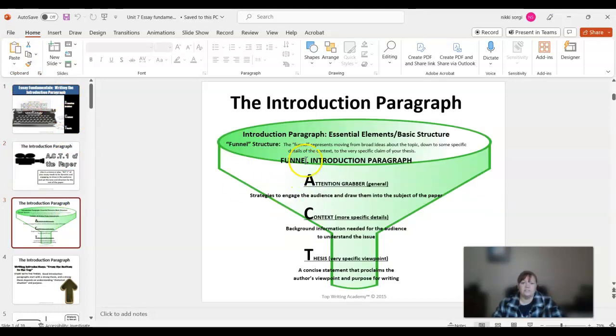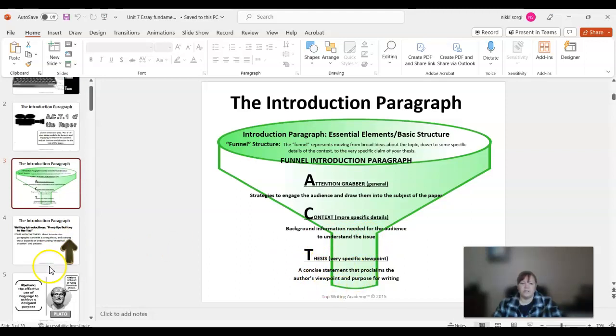So here is a great way to show that funnel structure: strategies to engage the audience and drag them into the subject of the paper. Context, background information needed for the audience to understand the issue. And your thesis, which is the concise statement that proclaims the author's viewpoint and writing purpose.